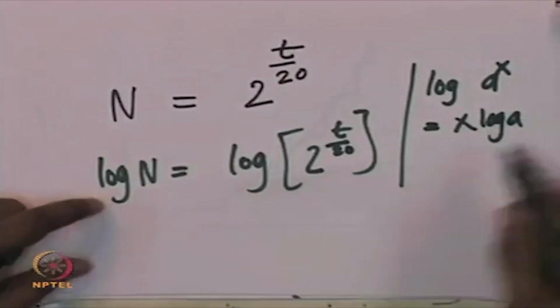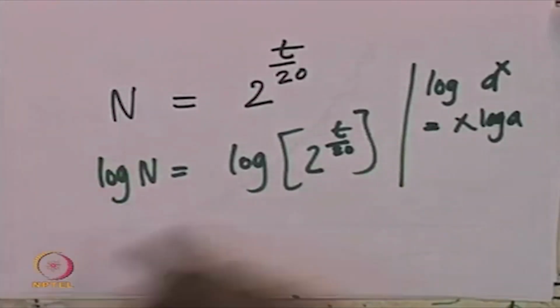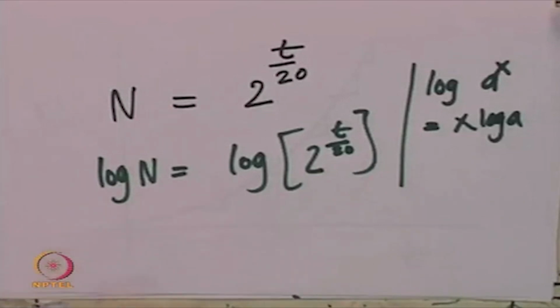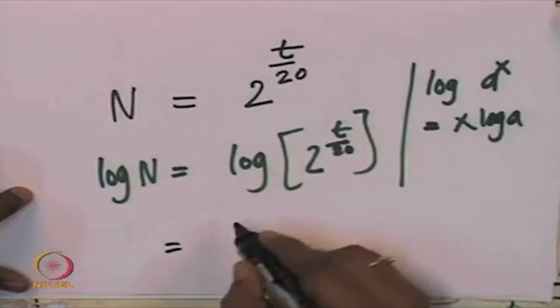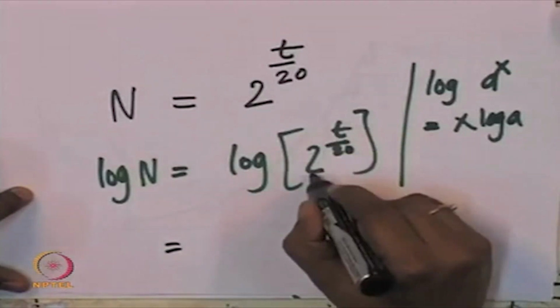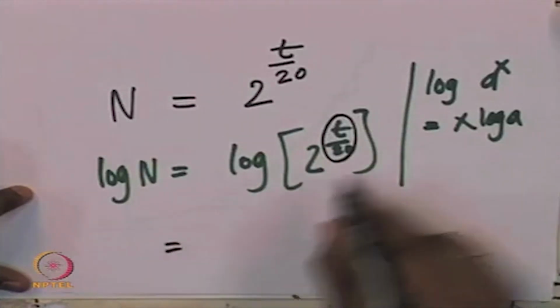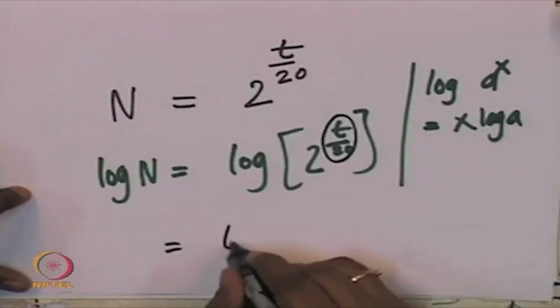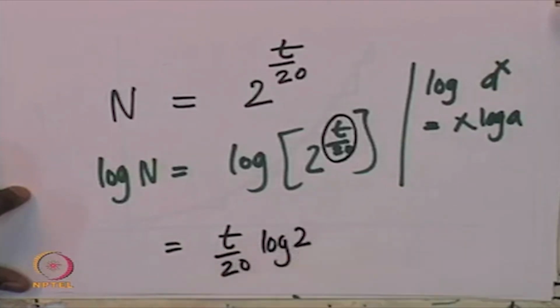Now, using this rule here, a is 2, and x is t by 20, this is our x. So, log of n is x log a, which is t by 20 into log 2.